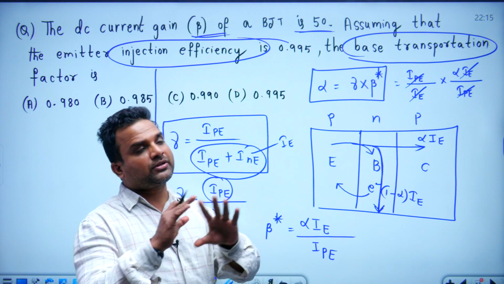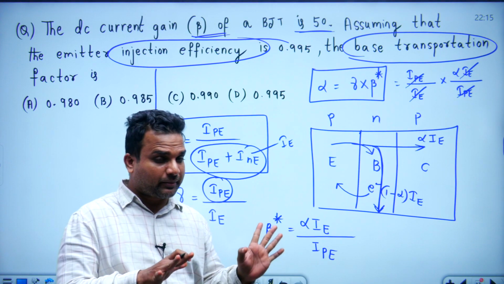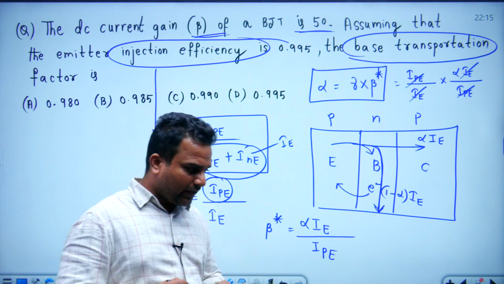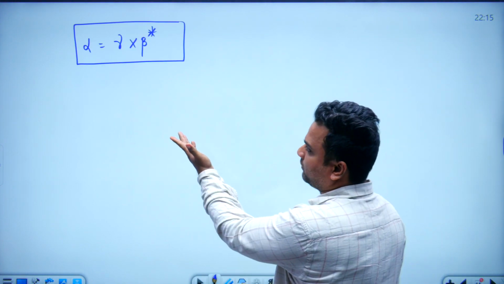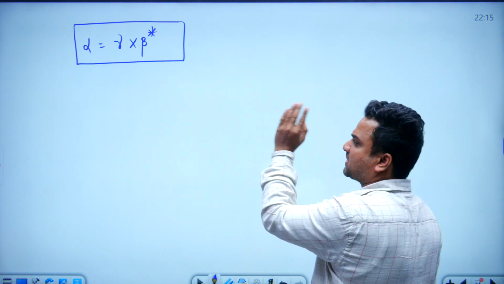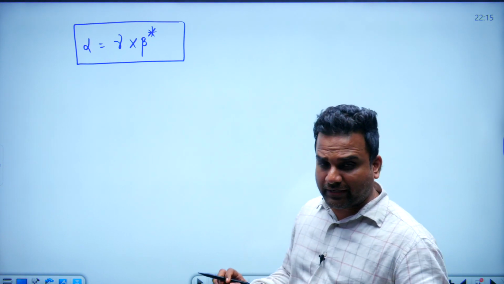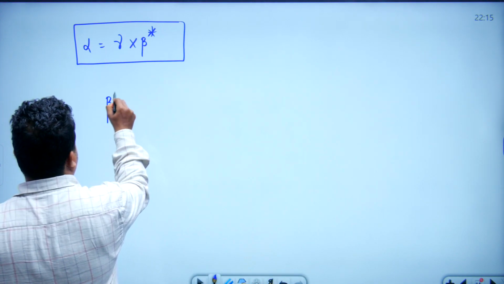So equation-wise also it is the same; we are not at all disturbing the original equation. So in addition to the alpha, beta, gamma formulas, we have one more formula called alpha is equal to gamma into beta star. Now the very important thing is they asked us beta star.